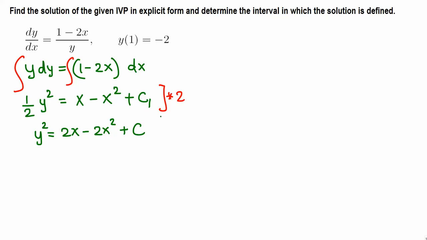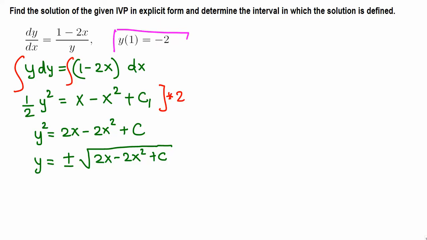Okay, new constant c is in fact 2c1, and we need to solve for y. So take square root both sides, so y equals plus or minus square root of 2x minus 2x squared plus c. Okay, let's use the initial condition and find the value of c.